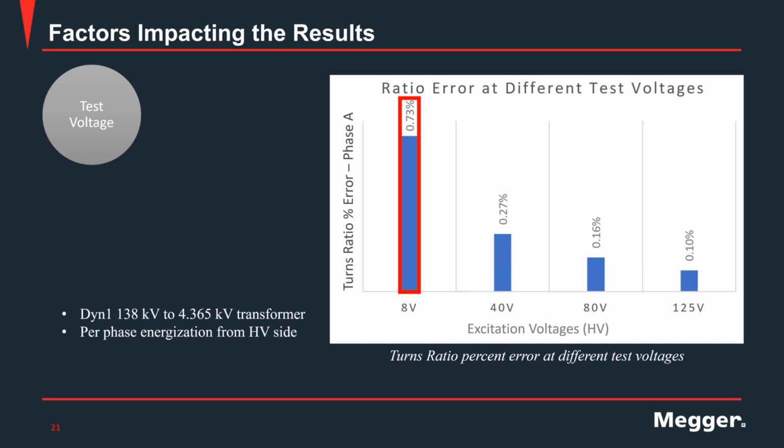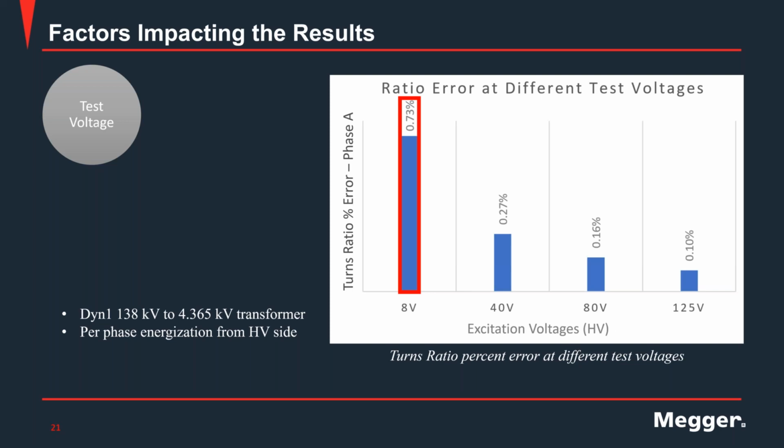You see, going from 8 to 40, the error goes down to 0.27%. And as I increase the voltage all the way to 125 volts, my percentage error goes down. Really important to say, and again, at first glance, you can say, well, you are not making the transformer better, right? This is showing a voltage dependency for the test on this transformer, right?